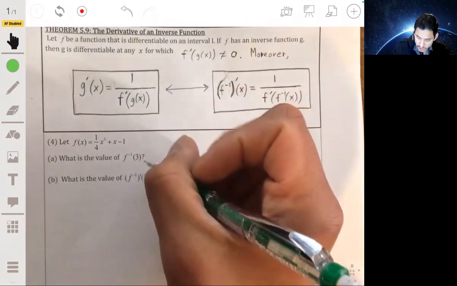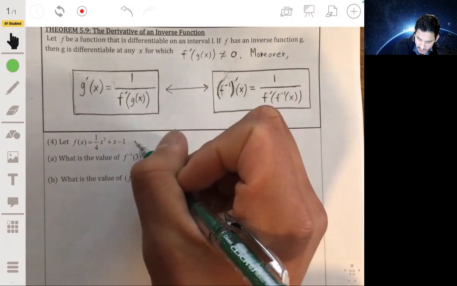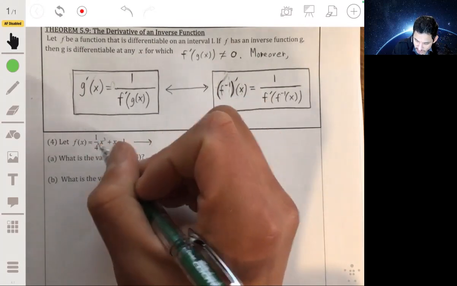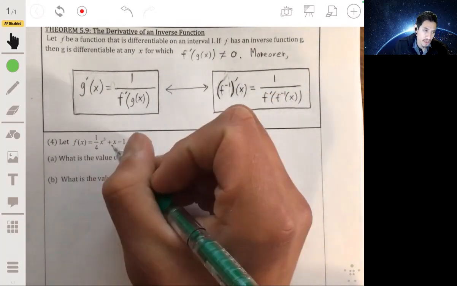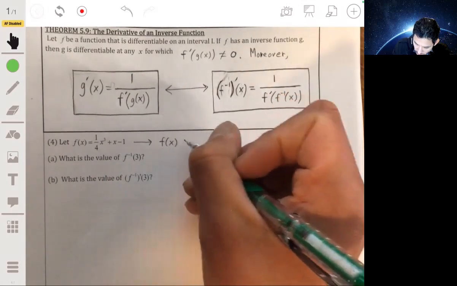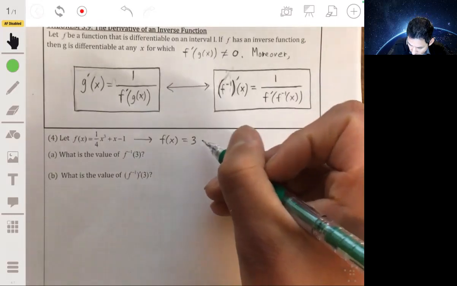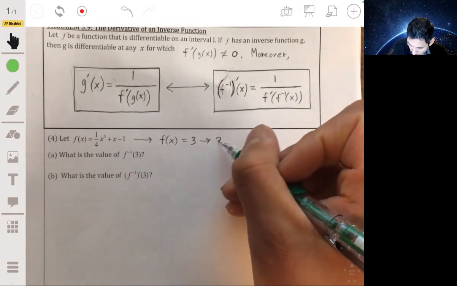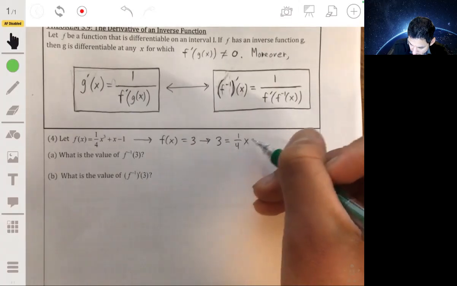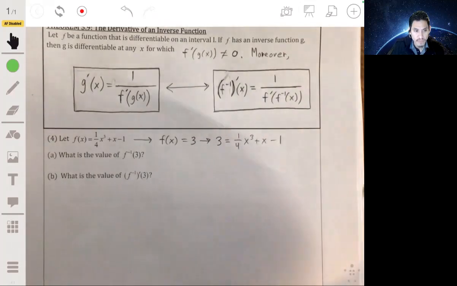Remember what the inverse function says, meaning that we want to find what x value gives you an output of 3. In other words, we're looking for the x value that solves this equation: 3 is equal to 1/4 x cubed plus x minus 1.